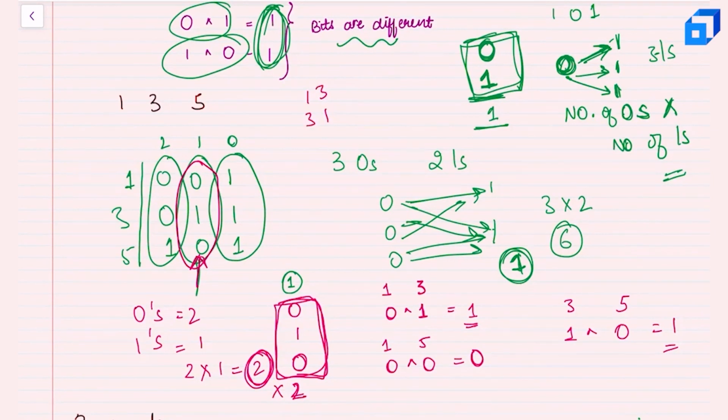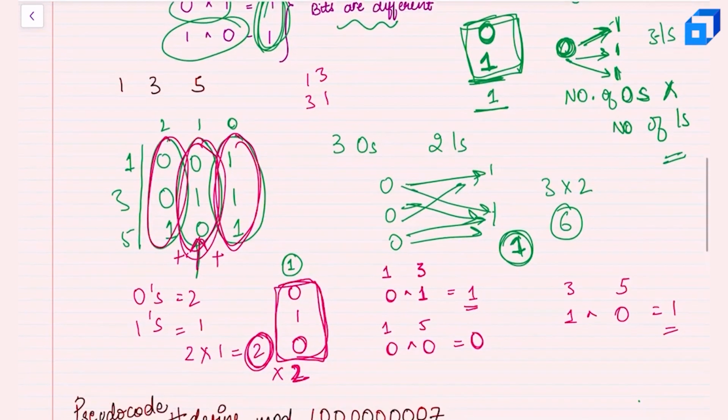So they'll give me the same result, and I'll simply multiply it by 2. I'll calculate the answer for this bit position, then add it to the answer for the next bit position, and so on. Essentially I'll be adding all the answers bitwise.